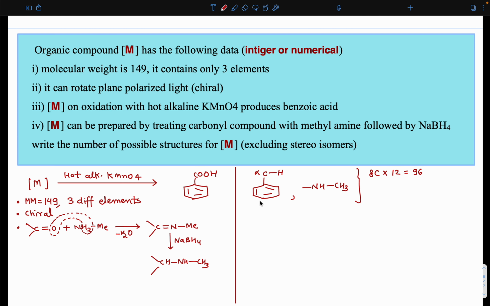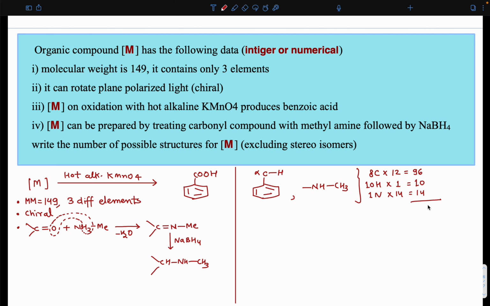How many hydrogens? 5 hydrogens on benzene, 1 alpha hydrogen makes 6, 1 with nitrogen makes 7, 3 with methyl makes 10 hydrogens, mass 10. And 1 nitrogen, atomic mass 14.